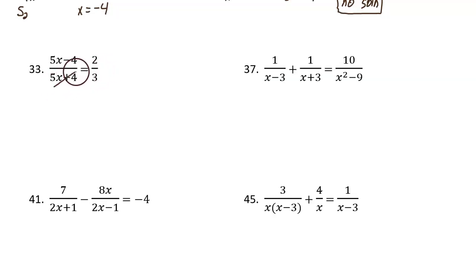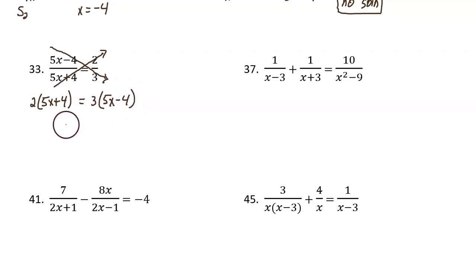So I'm going to multiply this diagonal together, and that's going to be equal to, and then I'm going to multiply this diagonal together. So that first diagonal is 2 times the 5x plus 4. That will be equal to, and now that other diagonal is 3 times the 5x minus 4.